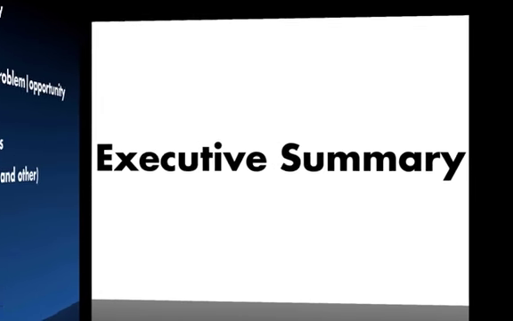So the first thing is the executive summary, and the executive summary should be a very brief, one paragraph, less than a page, a sort of 50,000-foot view of the entire proposal. It should be an abstract of all the elements of the proposal. And this should be written in a way so that an executive making a decision on the proposal has what he or she needs to make that decision just by reading what's in the executive summary.